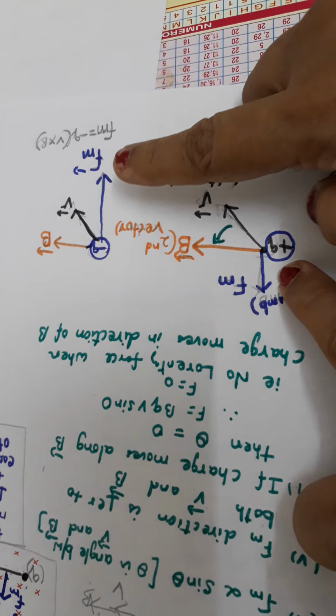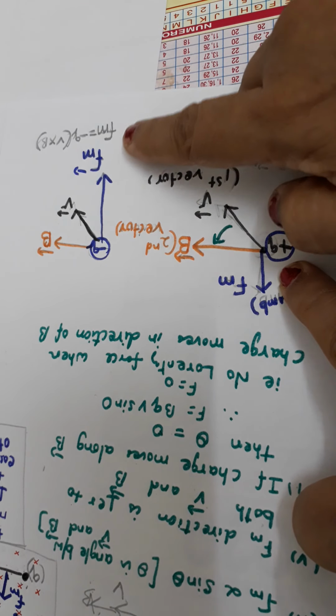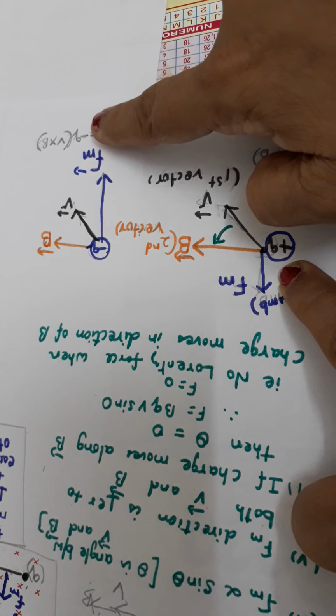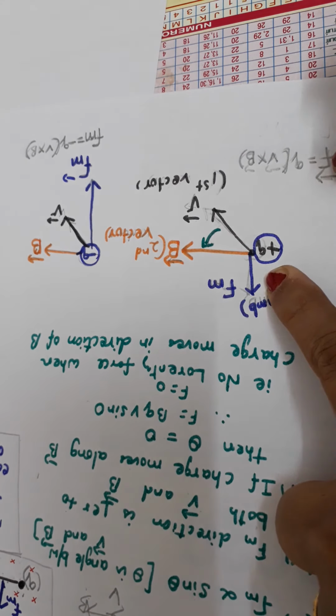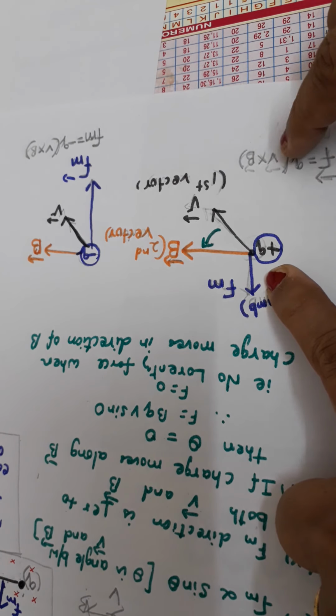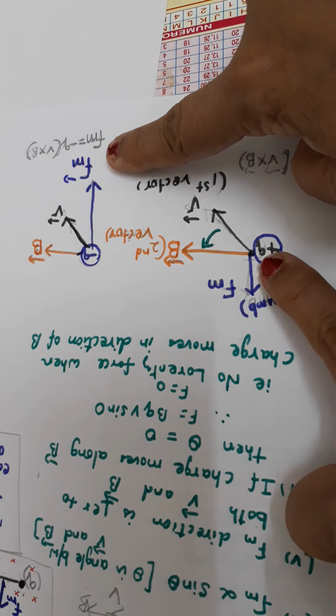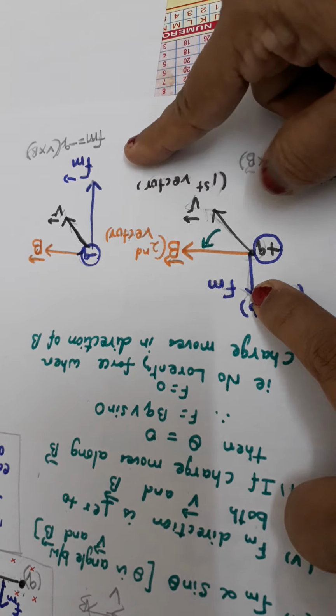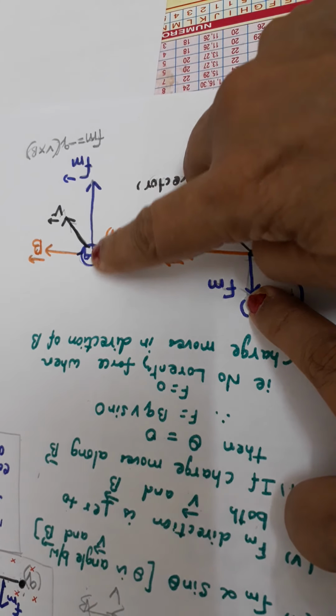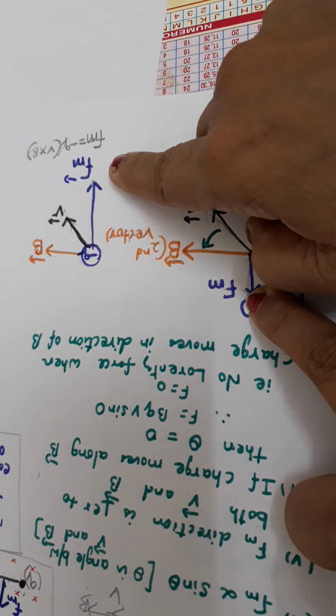Okay, opposite of this, that is the only difference, because Fm is minus q into v cross b. Here Fm is q into v cross b. If there is a minus sign, then Fm is acting in the opposite direction. Okay, Fm is in the positive direction here, and Fm is in the negative direction here.